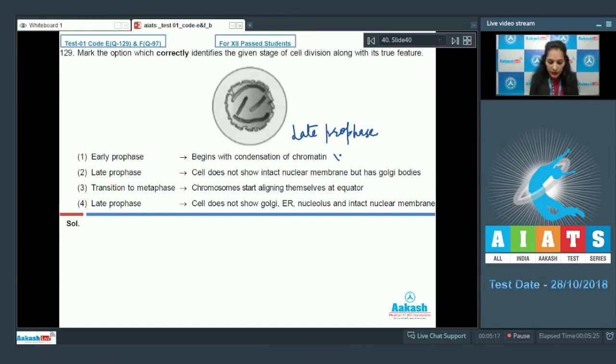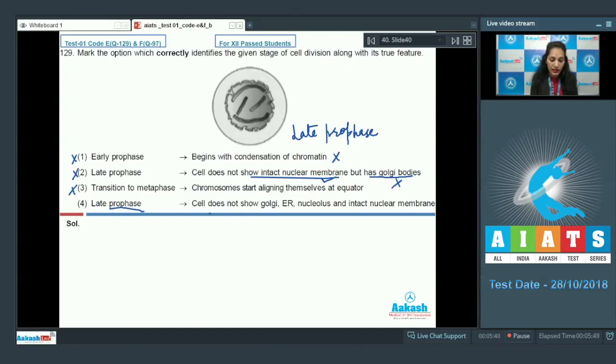So this is not early prophase. Late prophase, cell does not show intact nuclear membrane. It is true, but has Golgi bodies? No, it does not have Golgi bodies too. So these two options are ruled out. Transition to metaphase, no. There is no alignment of chromosomes on the equator, so it is not the transition to metaphase.